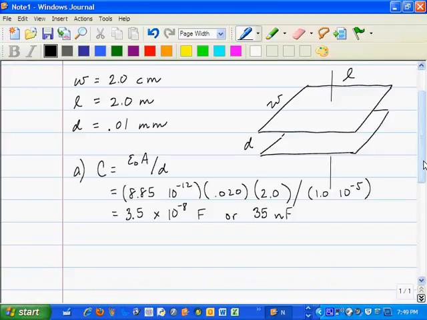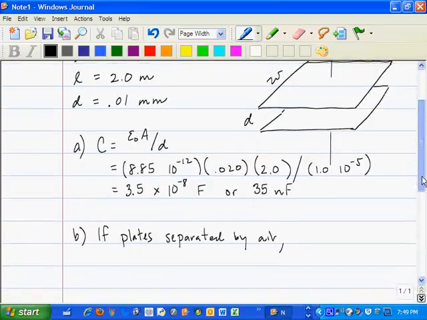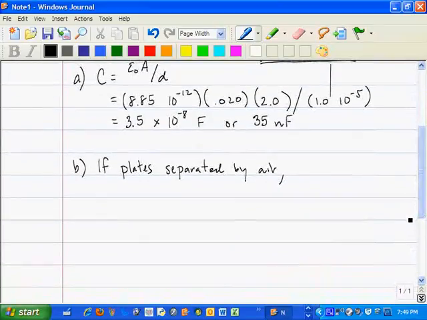Now, if we assume that the plates are separated by just air, then what is the maximum operating voltage?